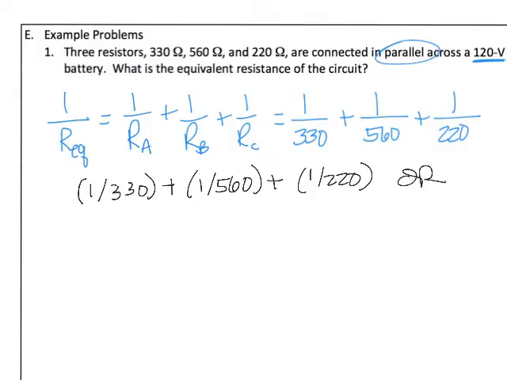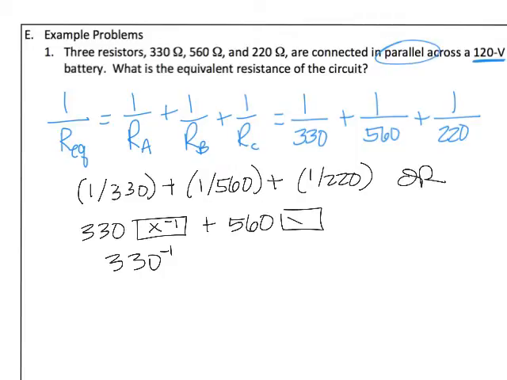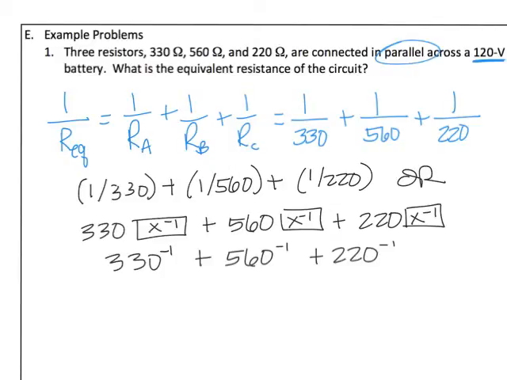Or in my calculator, I can type 330 and then hit the x to the minus 1 key, and on my calculator it'll show up as 330 inverse, and then I could do that for each of the other resistor numbers. So on your screen, it would look like this row.